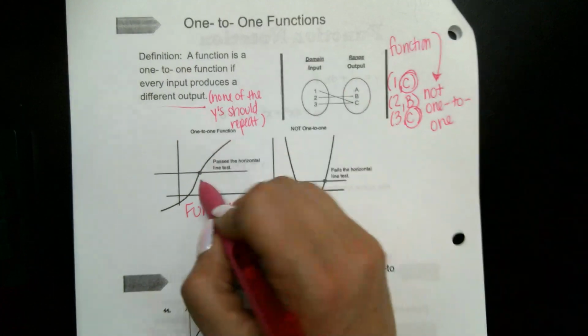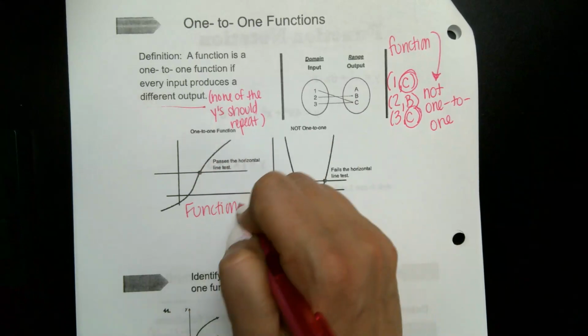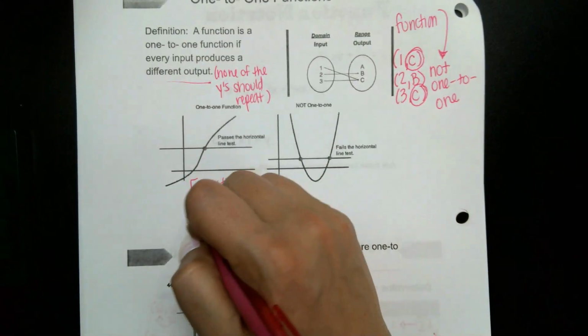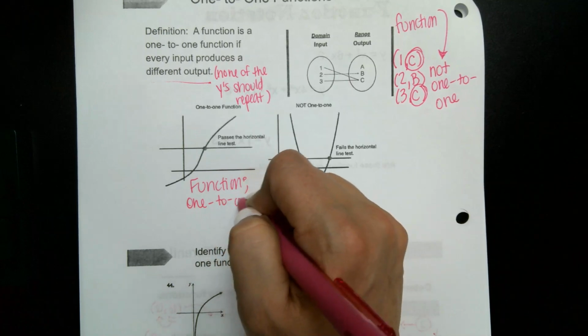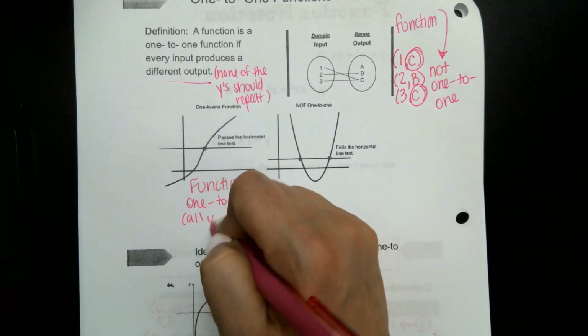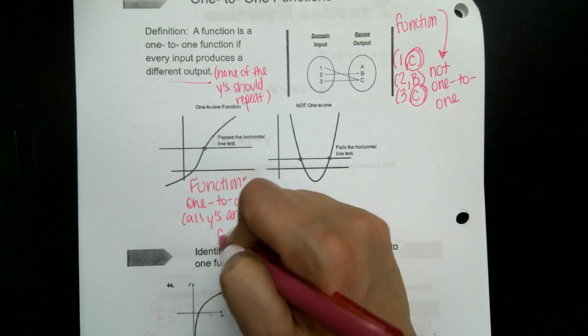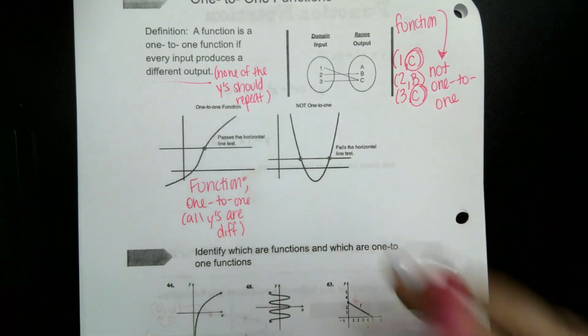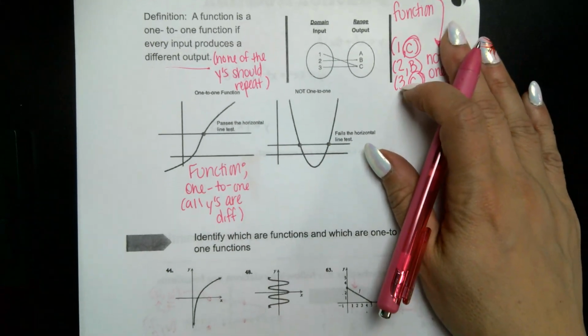No. So since all of the y's are different, it would be 1 to 1. So all y's are different, and it's a function because all of our x's are different.